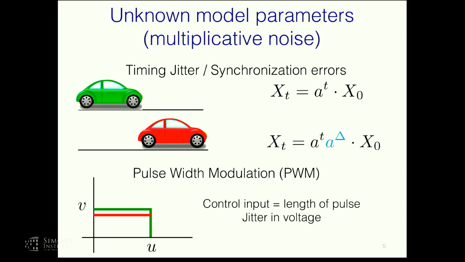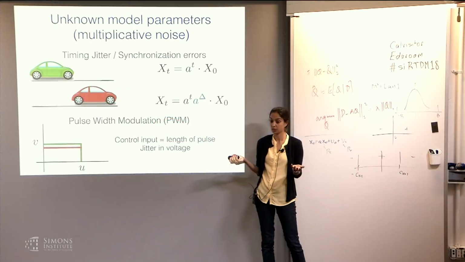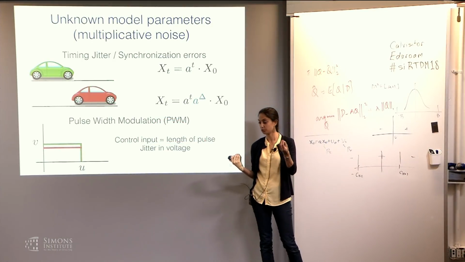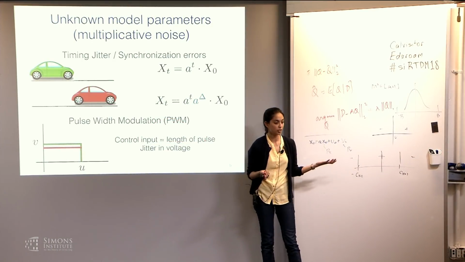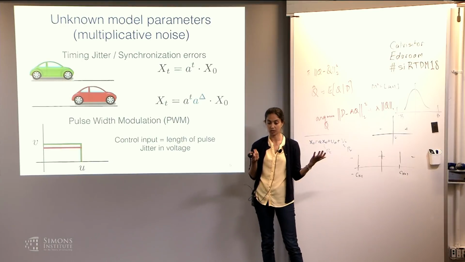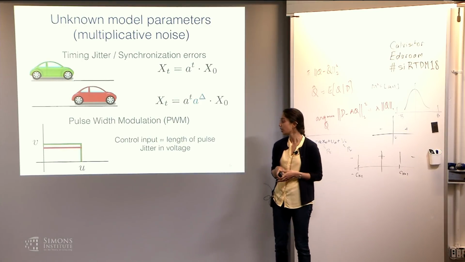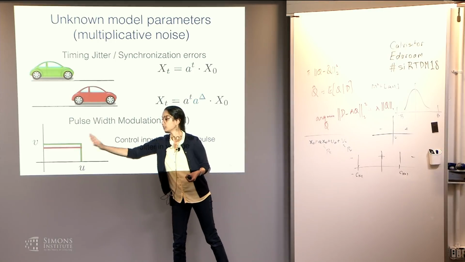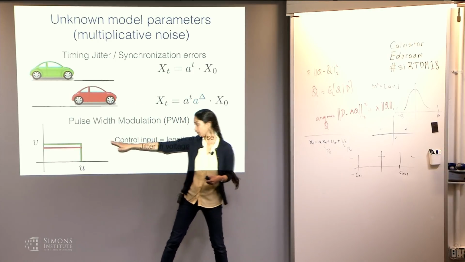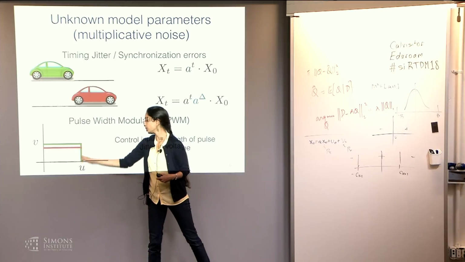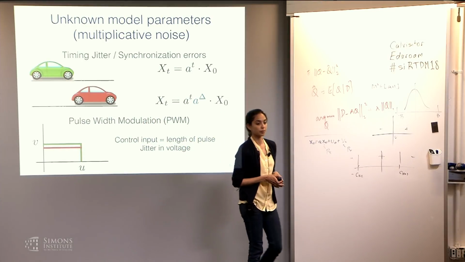Another example of where this might show up is a commonly used scheme in control called pulse width modulation. So this is used, for example, to control motors on drones. It's used in thermostats. Probably people who work on the power grid here have also encountered this. The idea here is that you have a voltage pulse, and what you're controlling, your control input, is actually the length of the pulse.